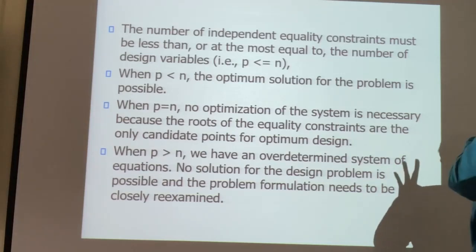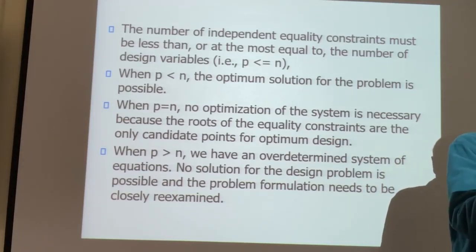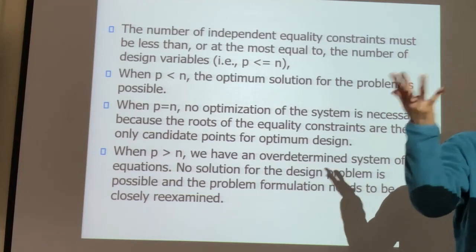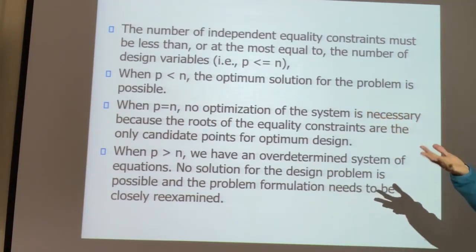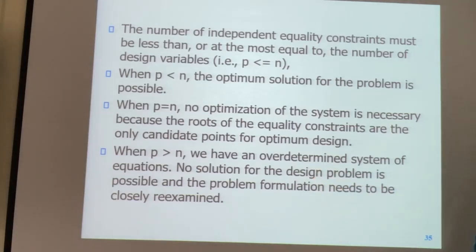If you have 3 equations but only 2 variables, then it is over-constrained, over-determined, so no solution is possible. So you need to go back and formulate your problem. Okay? Good. Excellent.